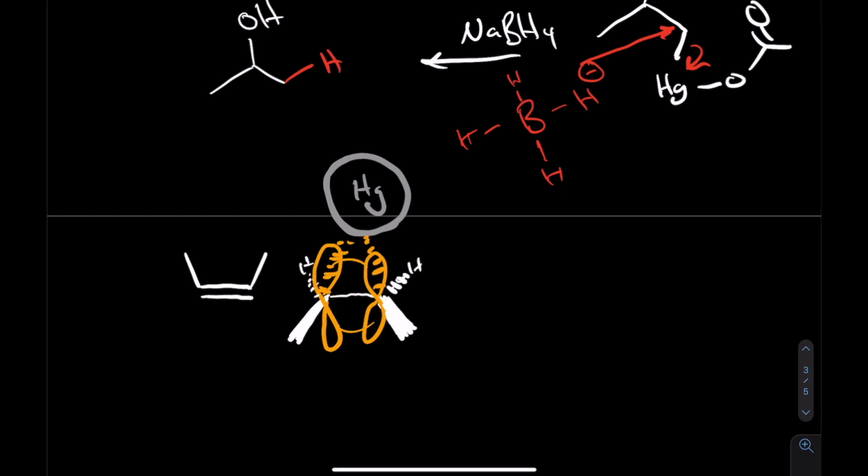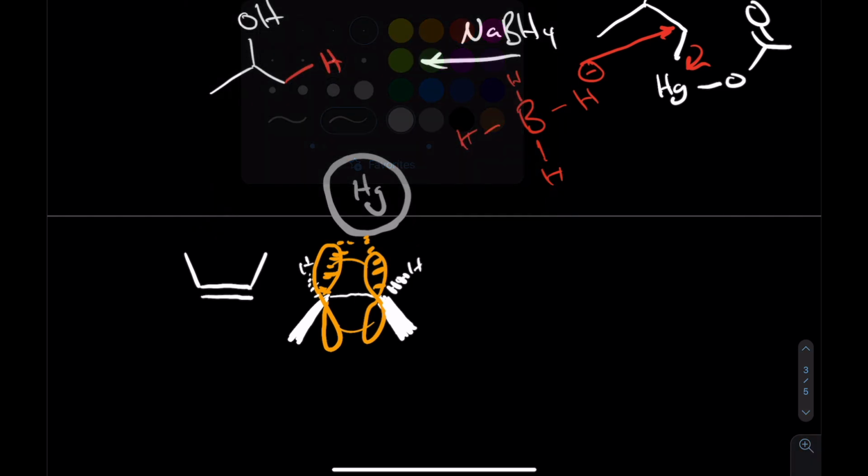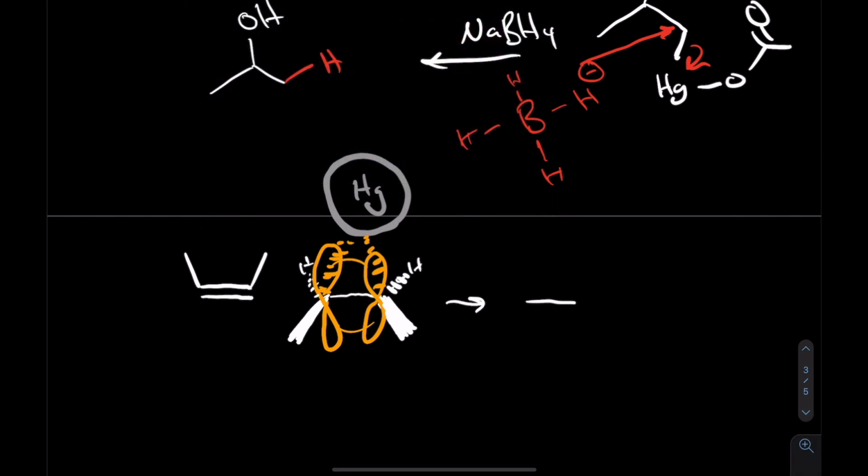And that creates something that looks more like this, right? You end up with a bond here, and then that thing comes down here, and that's your methyl. That's a methyl there, and then that's your methyl coming down here.